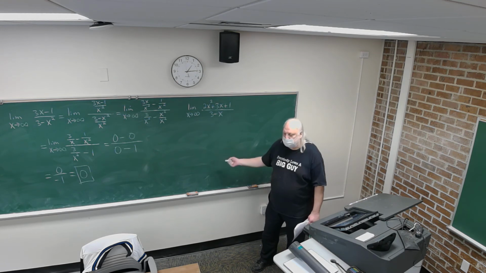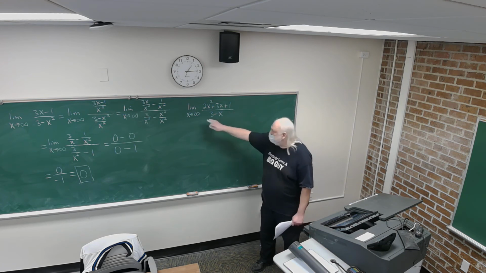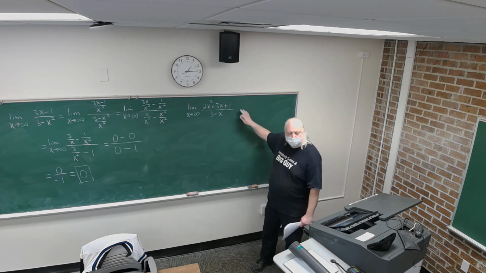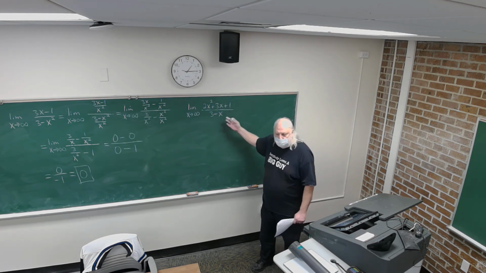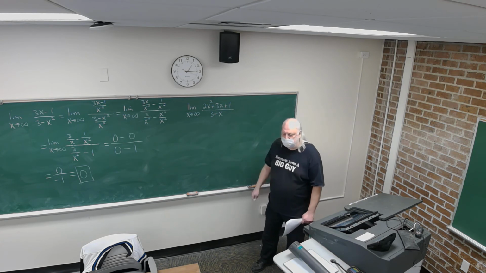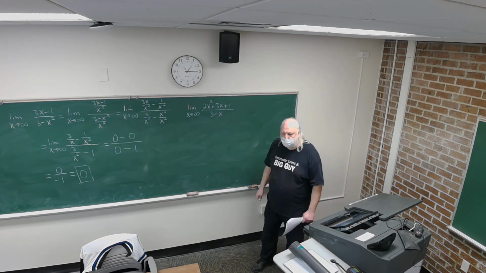Well, if it doesn't have a horizontal, but it has a slanted, then this limit, as x increases without bound, the limit of this function as x increases without bound, this function has to do what?